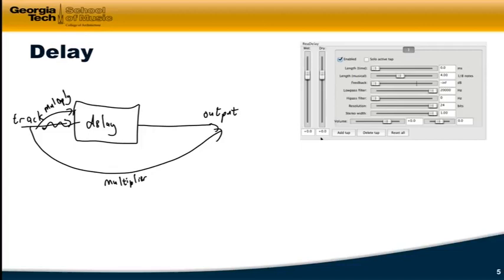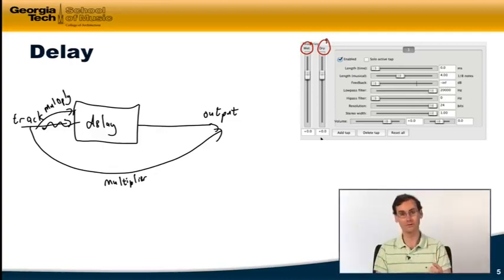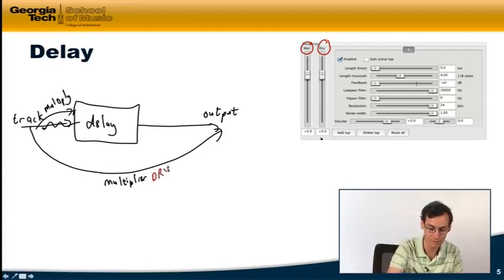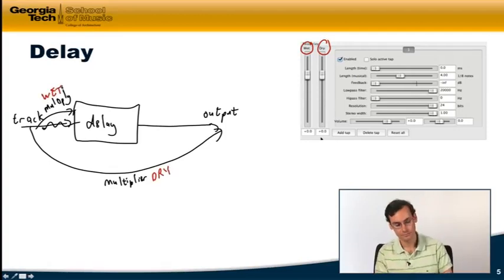This is an important distinction that comes up in a lot of effects, that we set a wet level and a dry level. And you can see that in this effects GUI here. The wet level is the amount of the sound that's going through all the processing of the effect. And the dry level is the version that does not have the effect applied to it, but is allowed to pass directly through.